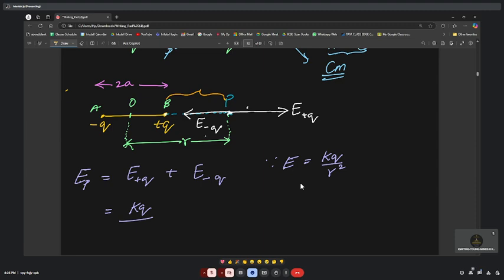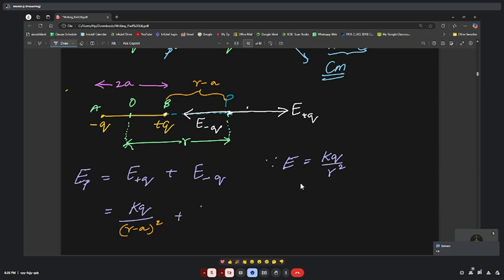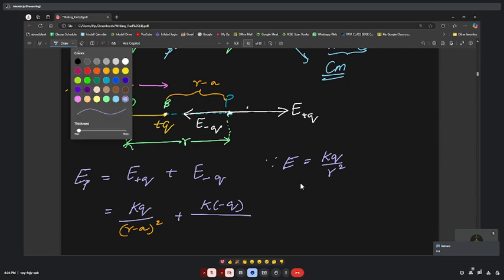You have to calculate it: it's R minus A. So this length BP is R minus A. Big length minus small length A gives you the remaining length. So it's K Q upon R minus A, the whole squared. This is how you express it. Plus, due to the negative charge, it is K times minus Q upon, from the negative charge to point P, what is the distance? It is R plus A. So it is R plus A, the whole squared.